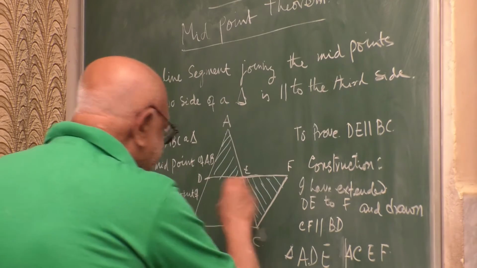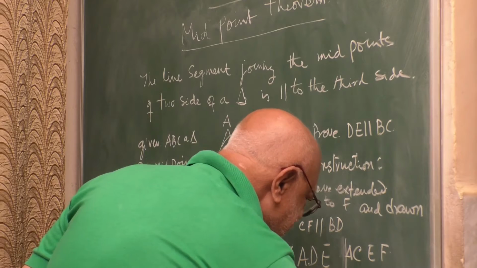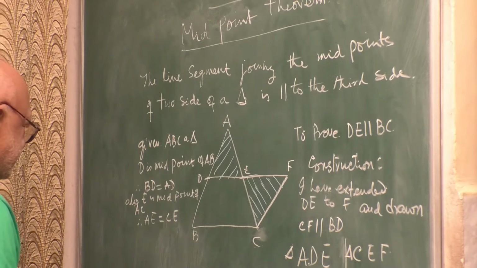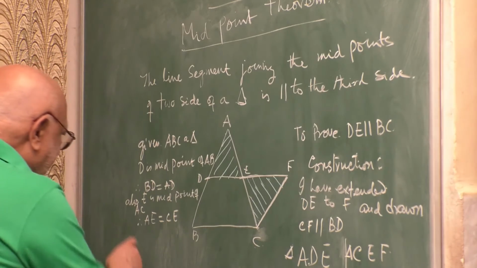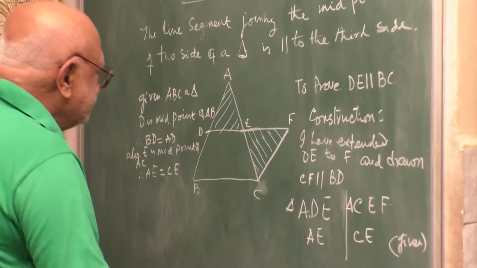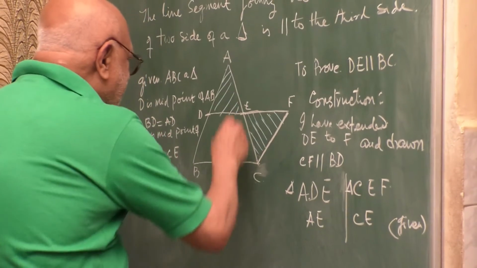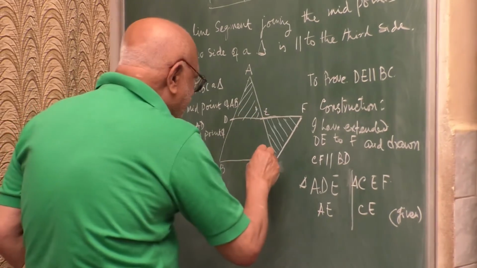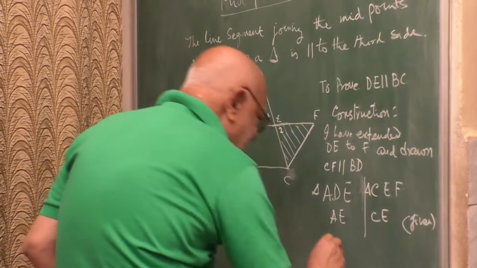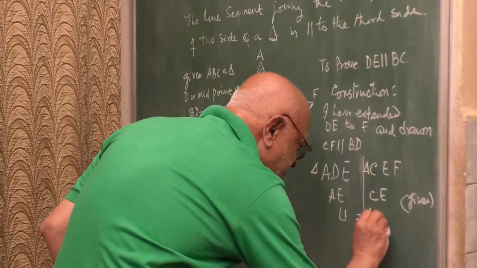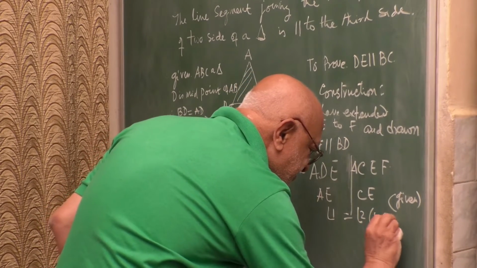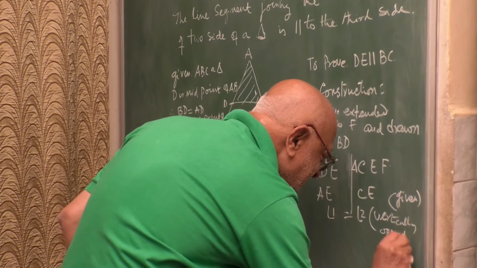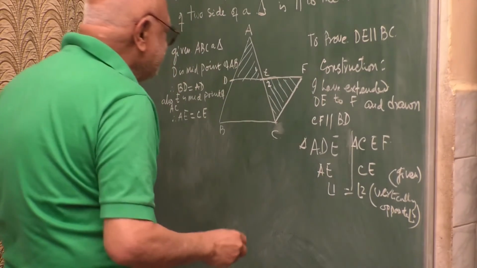This is given. And let me name the angles: angle 1 is equal to angle 2, vertically opposite angles.